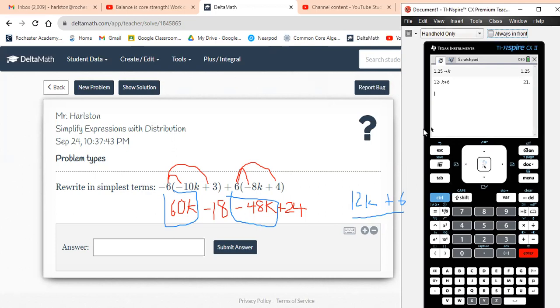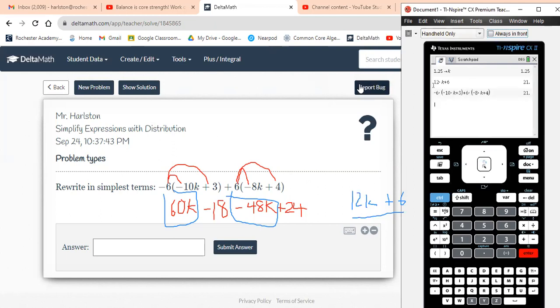So that's what I'm going to do. So I'm going to put in a -6 parentheses -10k plus 3, close the parentheses, and then I got plus 6 parentheses -8k plus 4. Close the parentheses, and it is 21.